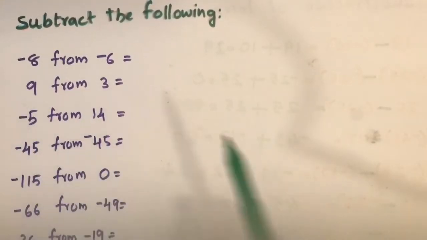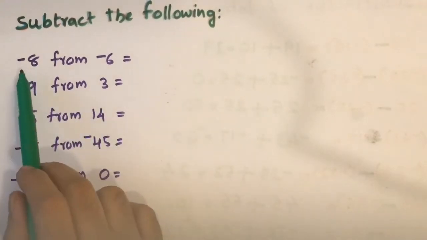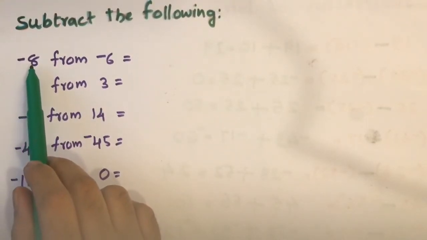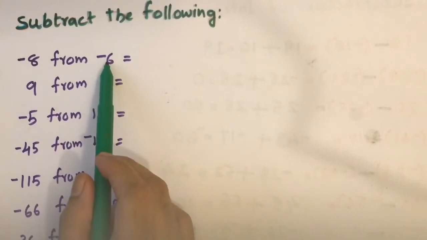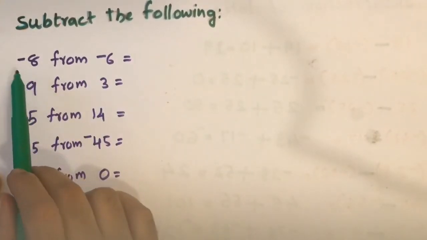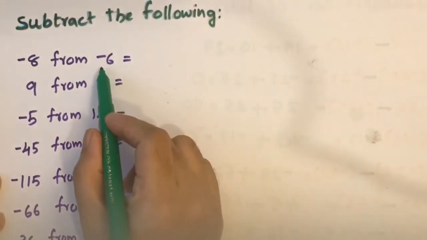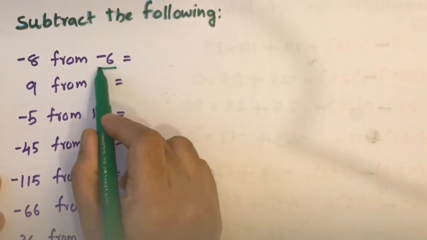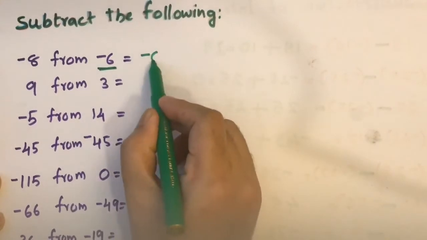Now we will see how to do this. Here we need to subtract negative 8 from negative 6. From negative 6 we need to subtract negative 8. So we write the first number, that is negative 6.